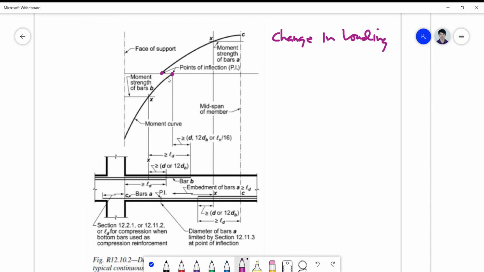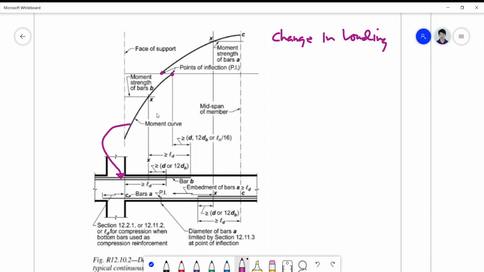That's why you need to have a factor of safety on the extensions. And what is that factor of safety? The factor of safety of the movement of such, so let's consider here the moment curve on the negative reinforcement, which represents your top bars.